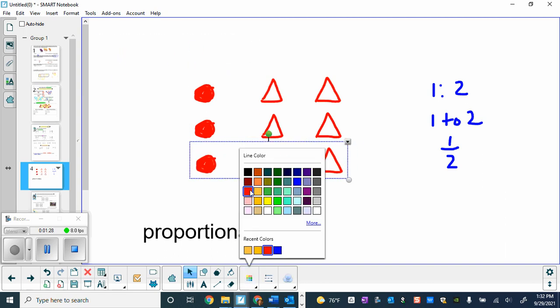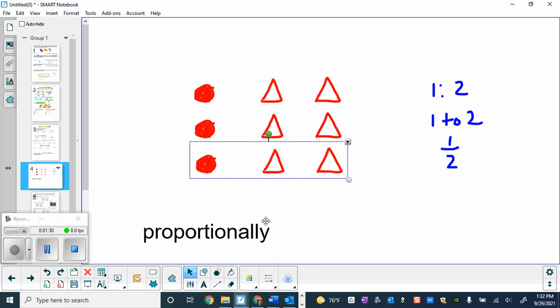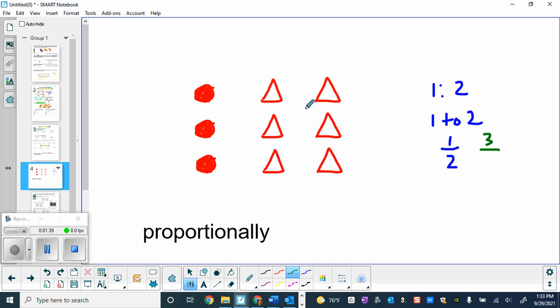So what we're saying, y'all, is that, whoops, sorry about that. Let me get my pen out. If we now see 3 of these circles, how many triangles do we count? 1, 2, 3, 4, 5, 6. And what we have now created, y'all, is something called a proportion, which is this thing right here, showing me 2 equal ratios.